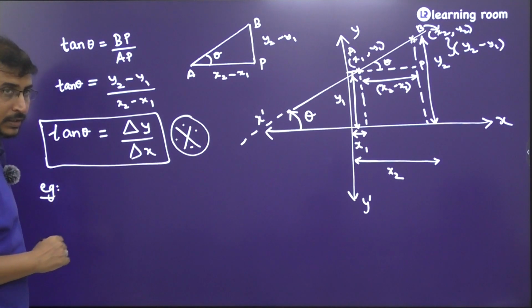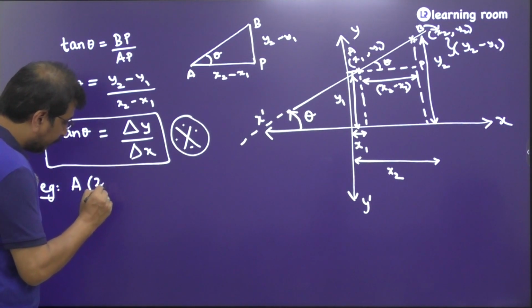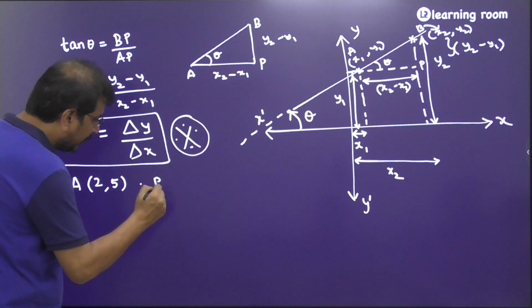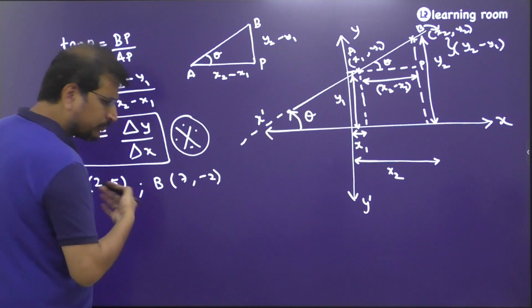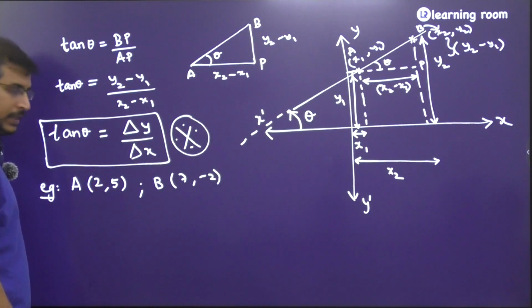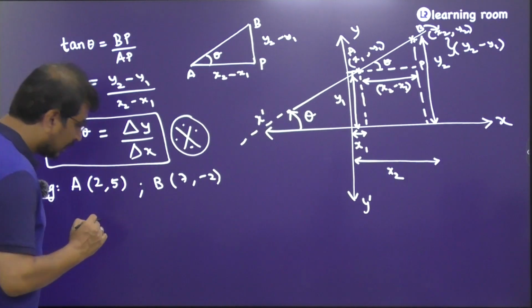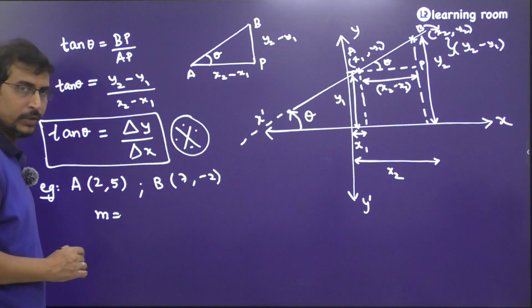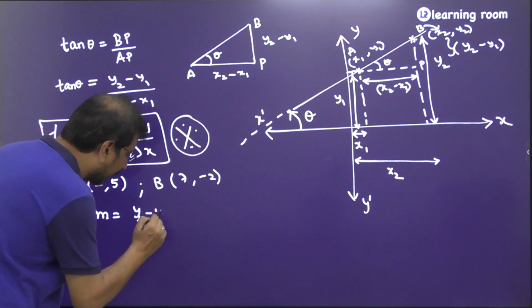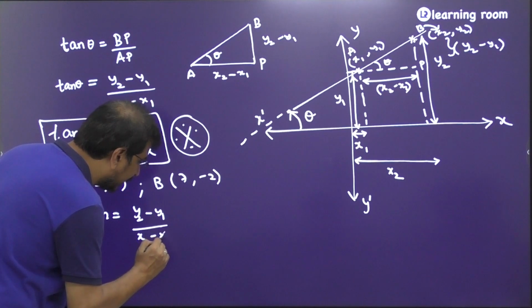See, example. Suppose I give you 2 points, A (2, 5), B (7, minus 2). Okay, some random points. There is a line passing through these 2 points, and I ask you what is the slope of this. So m will be equal to, what will you write? y2 minus y1 divided by x2 minus x1.